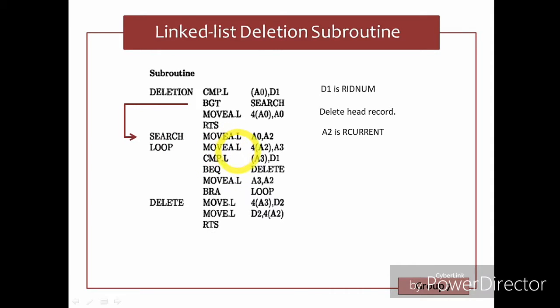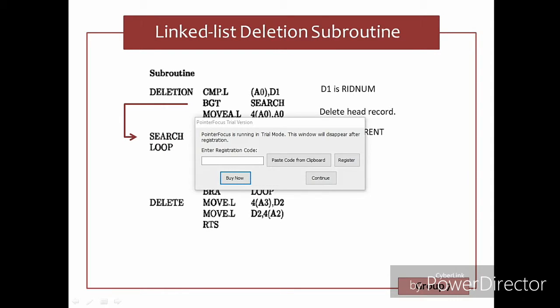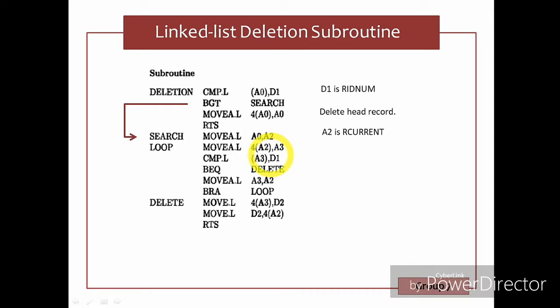So move address long word R prime plus 4 into R next. Then compare long word R next into R ID. So here, if the branch is equal, this will proceed to delete.